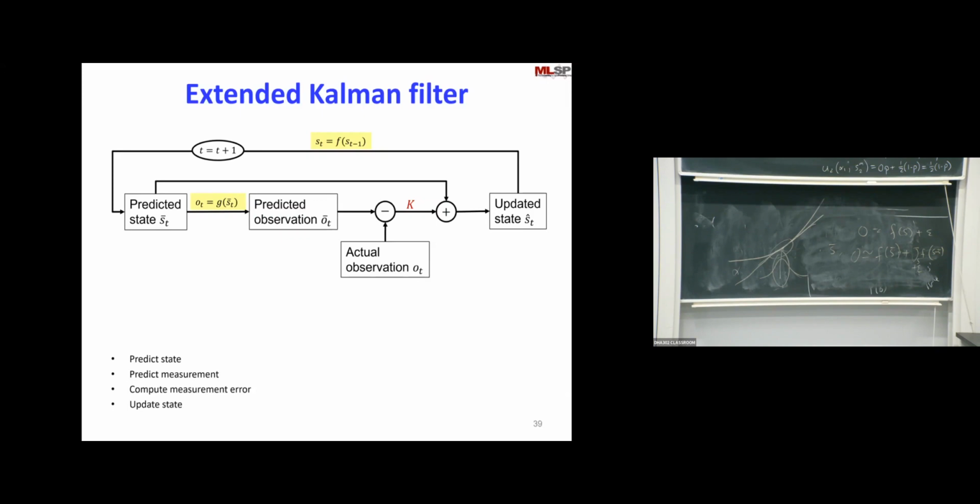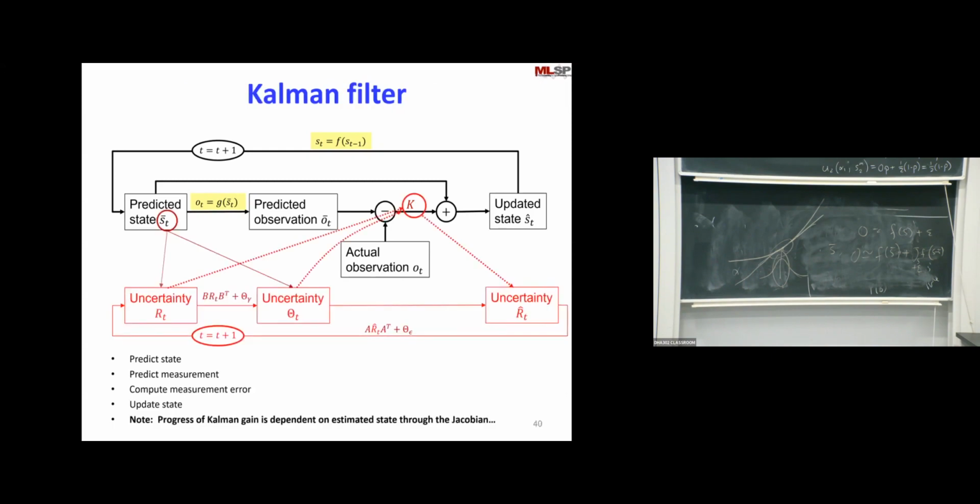Then you pass the predicted state through the observation equation to predict the observation. You see the difference between the actual and predicted observations. And then you're going to use the linearized version of the observation equation to obtain your Kalman gain and the updated state uncertainty, right? That's how the uncertainty works out.